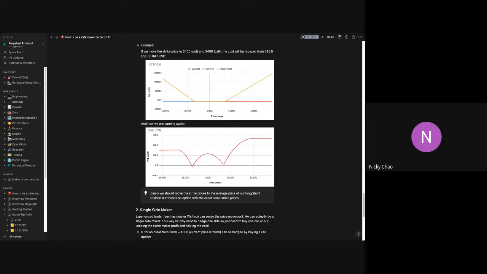I guess you can write a program to try a lot of different combinations, and with a backtesting tool, you can find some of the best parameters. So there might be a few. So it's not like there's a single answer? No, I don't think so, because with a wider range you earn less fee, right? But your premium is also reducing.